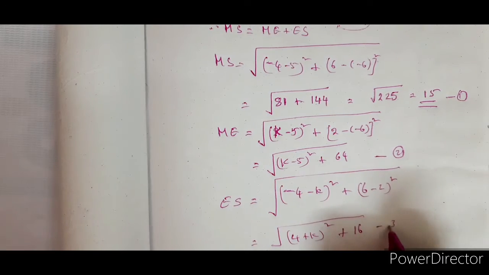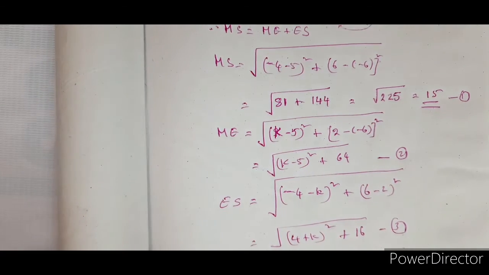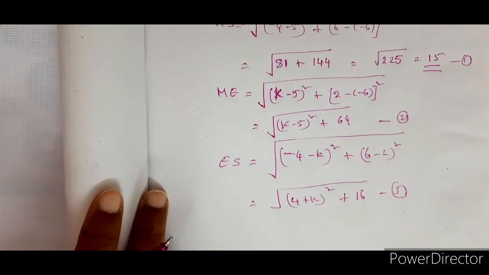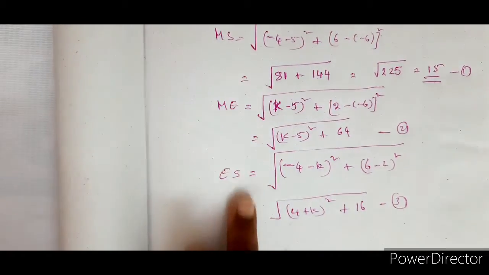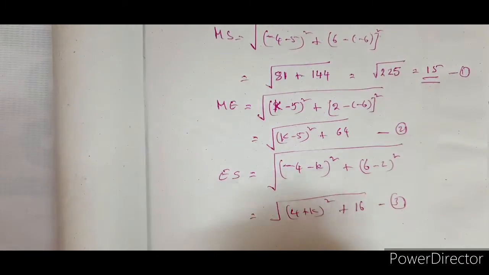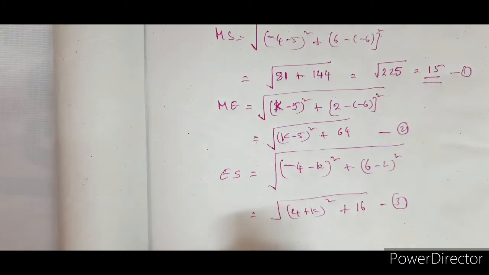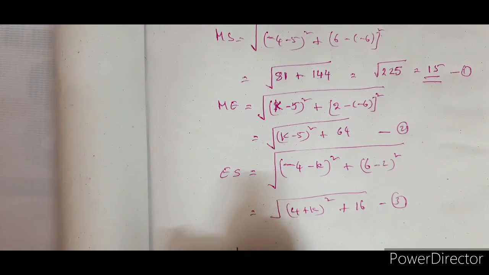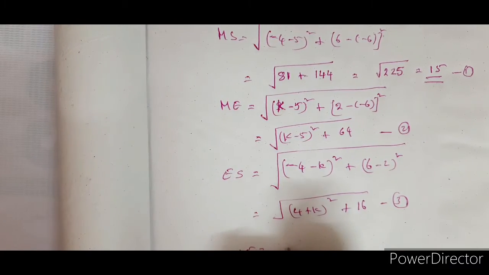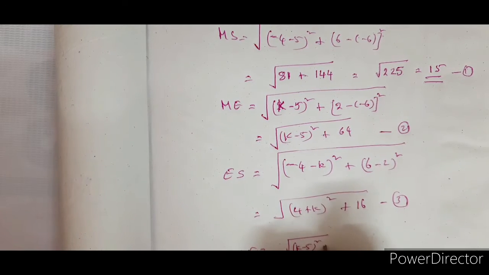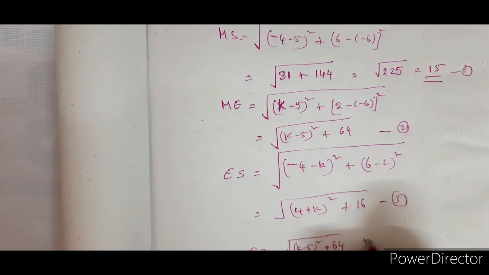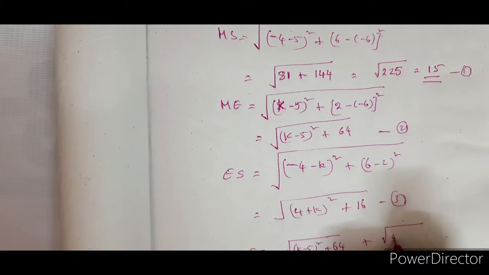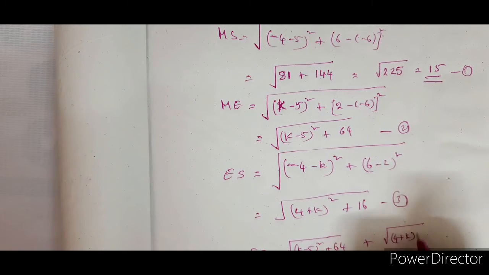This is equation 3. So as per all these, 1, 2, 3, substituting in MS equal to ME plus ES, you have 15 is equal to square root of (k - 5) whole square plus 64, plus root of (4 + k) whole square plus 16.